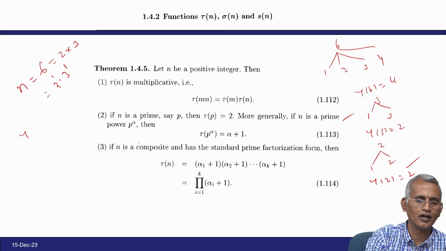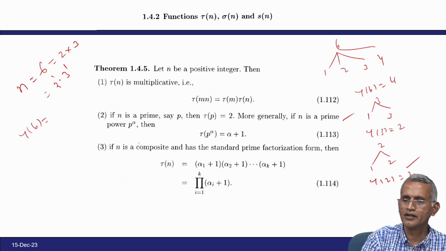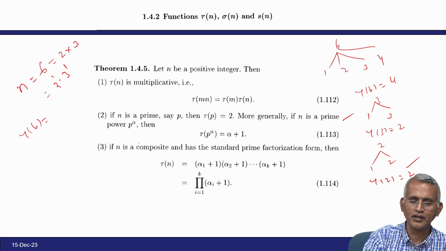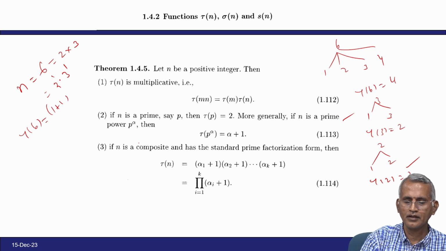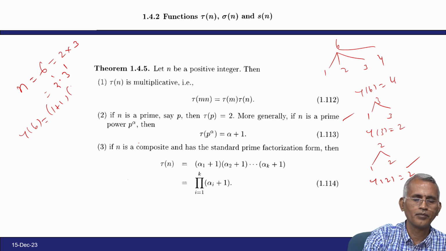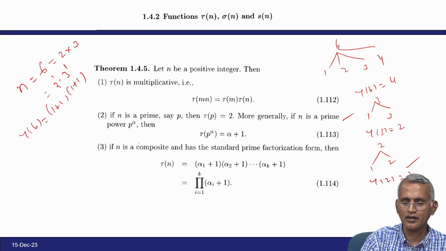So tau of 6 you take: 1 plus 1, that is alpha 1 plus 1, into alpha 2 plus 1, which is 1 plus 1.